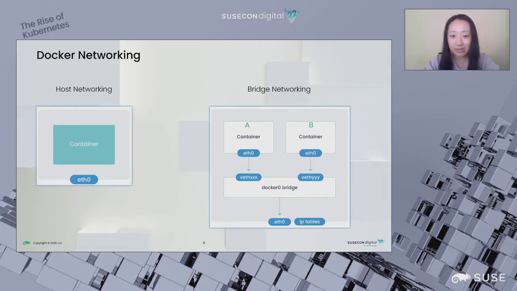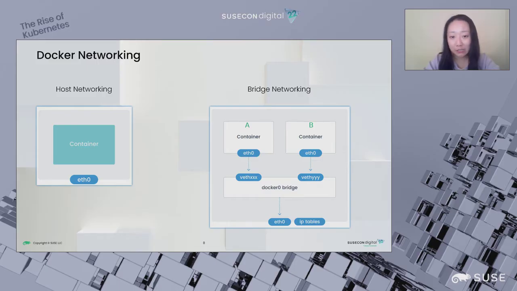This interface is added to the bridge that Docker creates. And Docker maps the container IP on this bridge, and then your container can communicate with other containers that also use this same bridge on the same host. Network devices running inside the container are not visible outside the host, so you need to run a command to map ports from the container to the host to make these services visible.